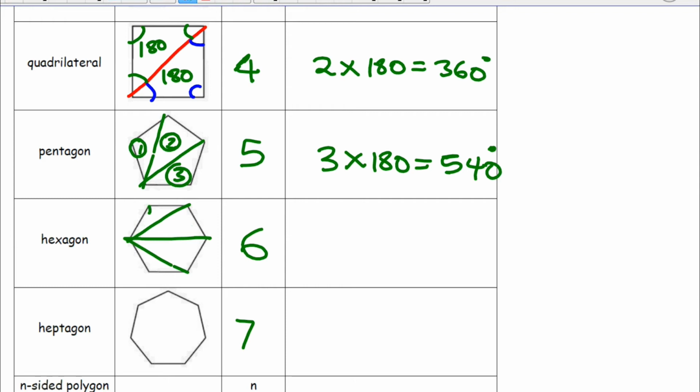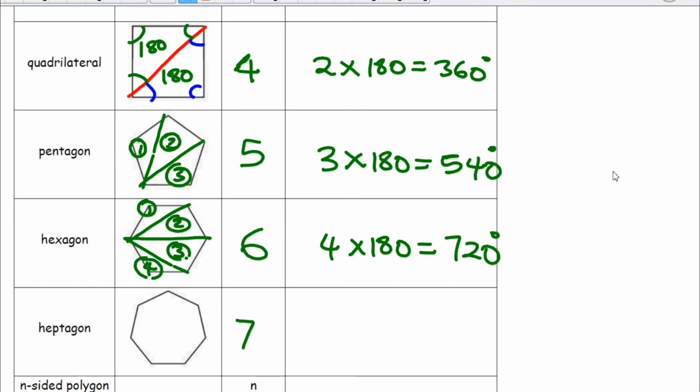So here I have 1, 2, 3, 4. So I have 4 triangles. And the sum of interior angles of each triangle is 180. So the total sum will be 4 multiplied by 180, which should give me 720 degrees.